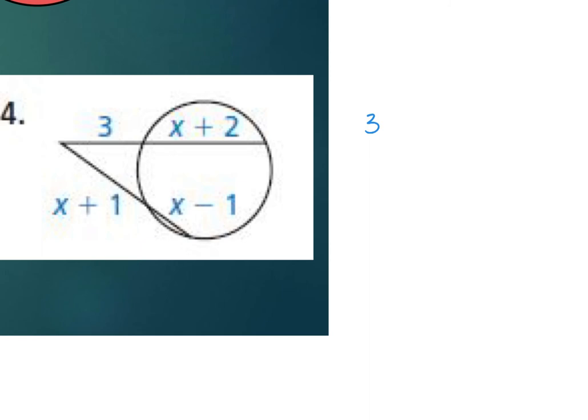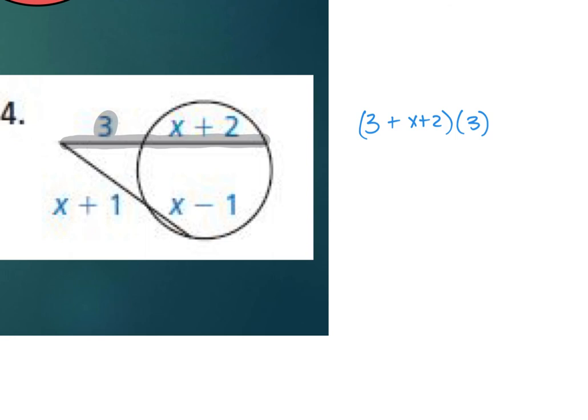Yeah, go ahead, Gabby. 3 plus x plus 2 multiplying 3. Good. How'd you get that? Because you have to multiply by the outside part. Good. So it's the whole, which is 3 plus x plus 2, and then times the external. Okay. Try the other one.